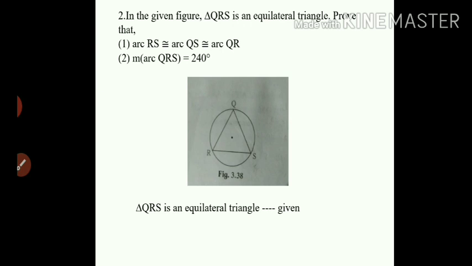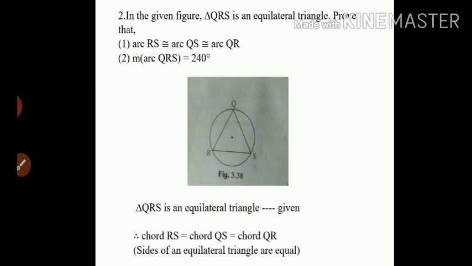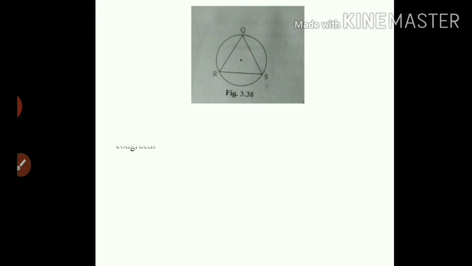So see, next step: if the triangle is equilateral, it means chord RS is equal to chord QS is equal to chord QR, since the sides of an equilateral triangle are equal. Now we know that arcs of same circles are equal if the related chords are congruent.